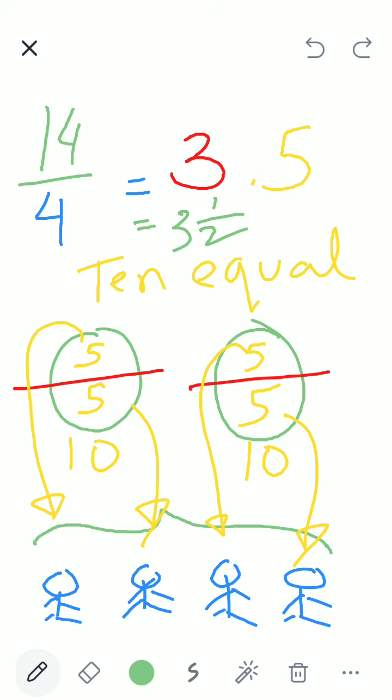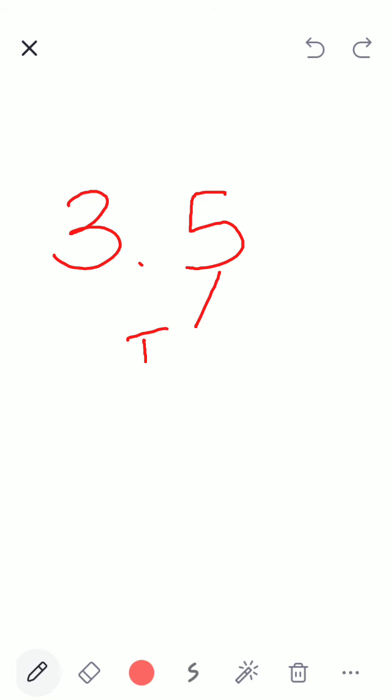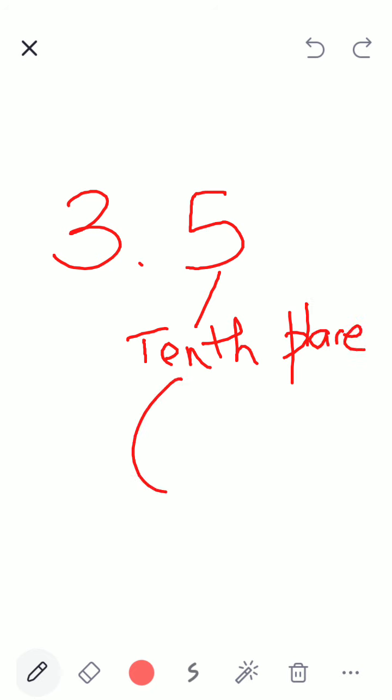Understood, children? That is why when we write 3.5, this is called the 1/10th place. Correct?